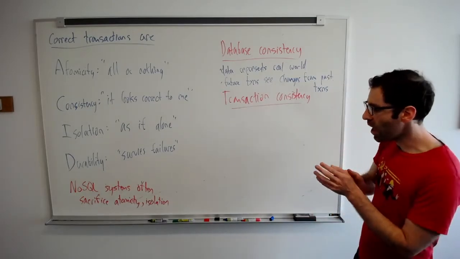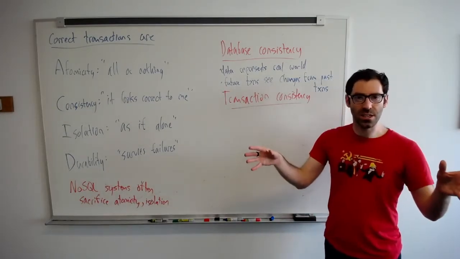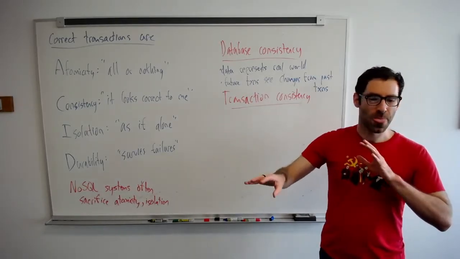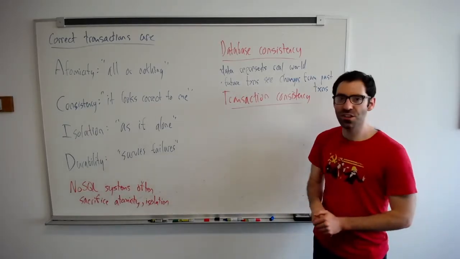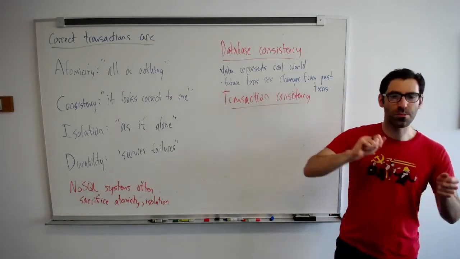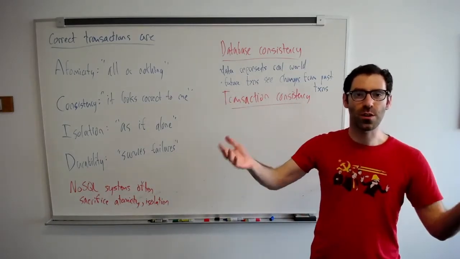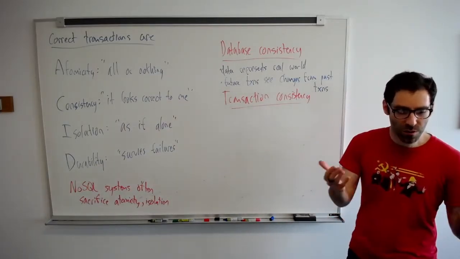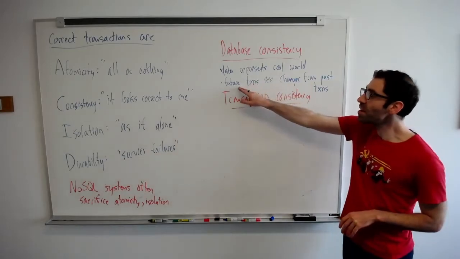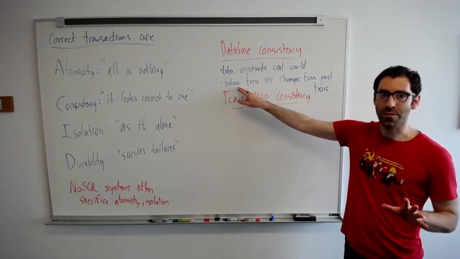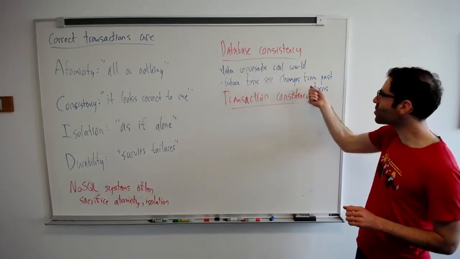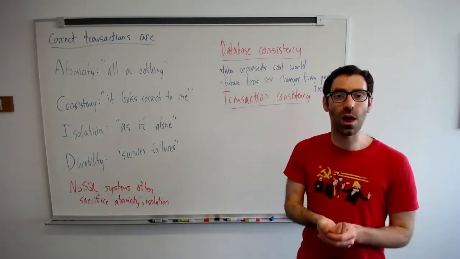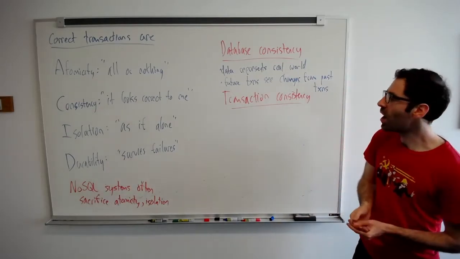But if we have a distributed database, with files stored on different disks, different computers, maybe computers very far away from each other, like Google's data in data centers all over the world, then this requirement that future transactions see the changes from past transactions becomes a lot more challenging to enforce.